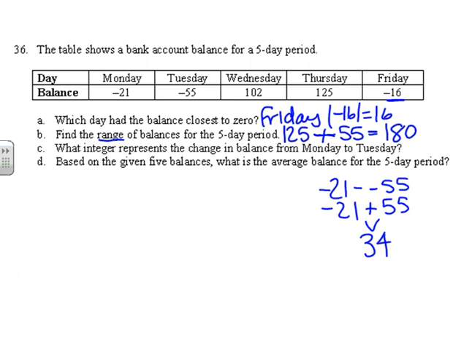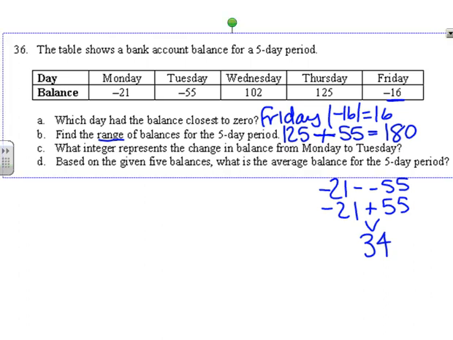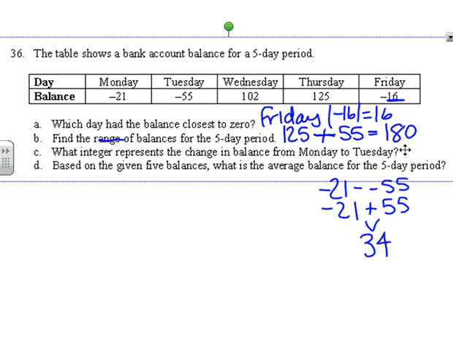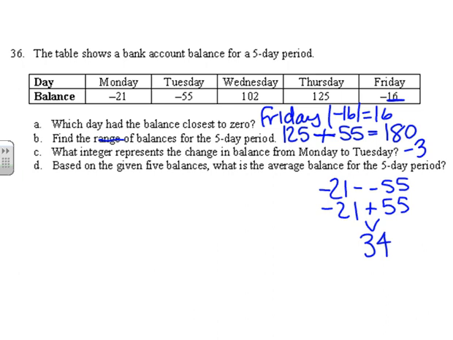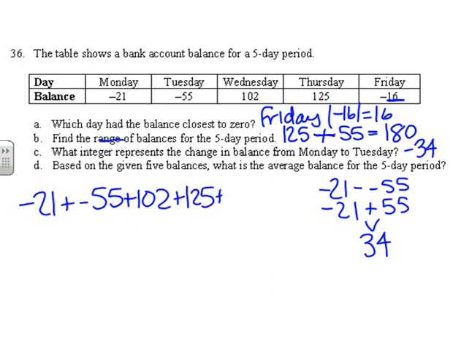Since the value decreased from Monday to Tuesday, we're going to have negative 34 as the integer represented there. Part D, the average balance, we need to add up all of the numbers, negative 21 plus negative 55 plus 102 plus 125 plus negative 16.